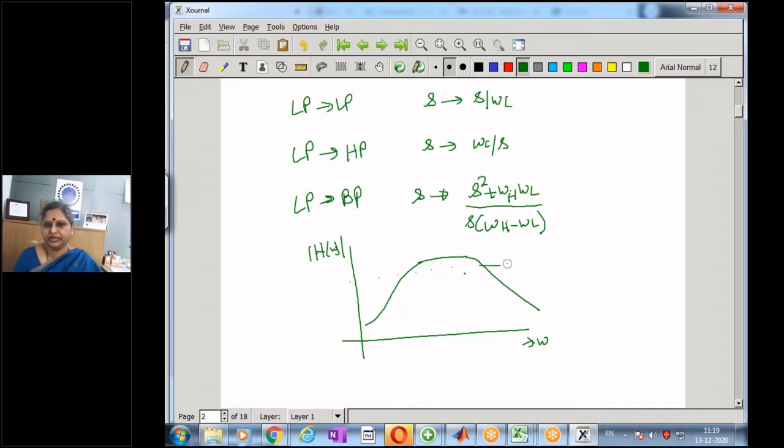So I have my 3 dB cutoffs lying in the range of omega L to omega H. And if this is 1, this is going to be 0.707, or 3 dB lower.